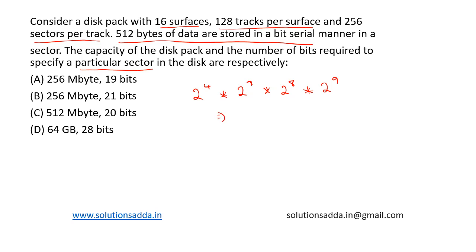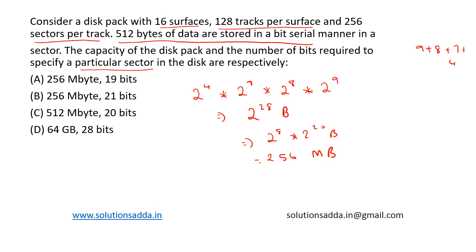So in total we have 2 to the power of 9 plus 7 plus 8 plus 4, that is 2 to the power of 28 bytes. We can rewrite it as 2 to the power of 8 into 2 to the power of 20 bytes. This is 256 megabytes. So either option A or option B can be the correct answer here.